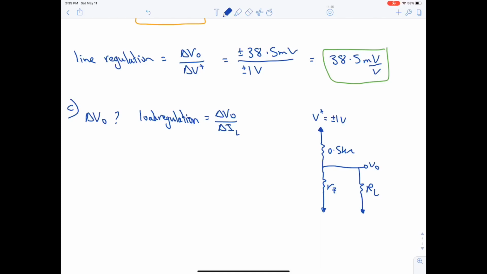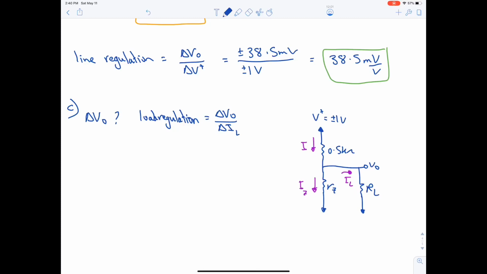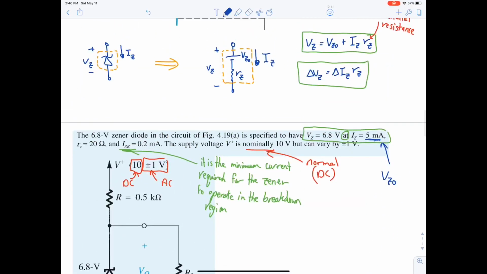Okay, so now we have IZ and IL. Because now we have a change in current, we can use this equation. Delta V naught is equal to delta IZ RZ total. I think I forgot to put total here.